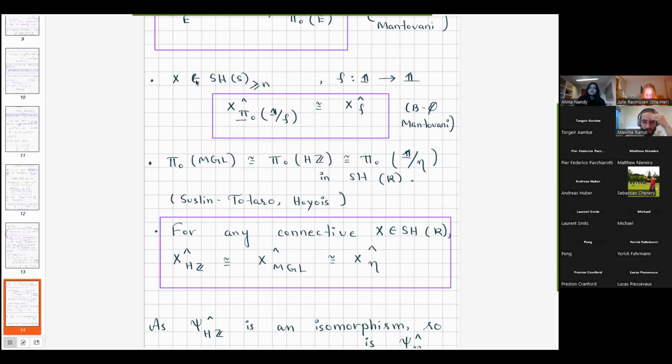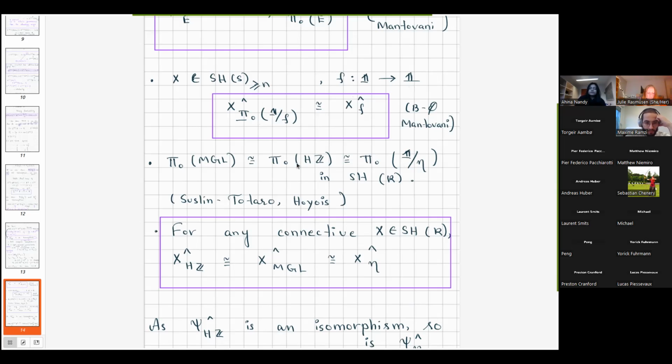You start with some good enough F, and you want to look at how completing anything with respect to pi 0 of 1/F looks. It turns out that in a good enough scenario, and we are working in good enough scenarios, this is the same as completing with respect to F itself. This just means if you take the map F from the unit to the unit and consider the cone.